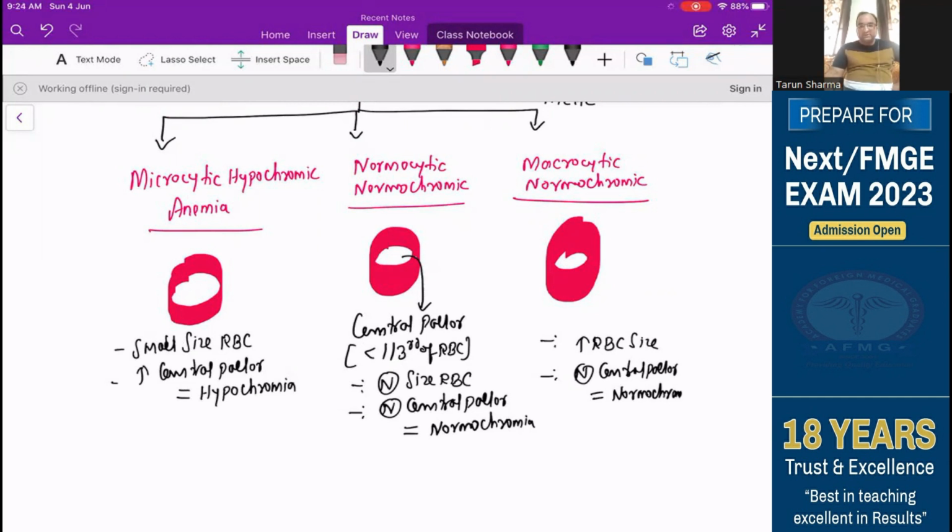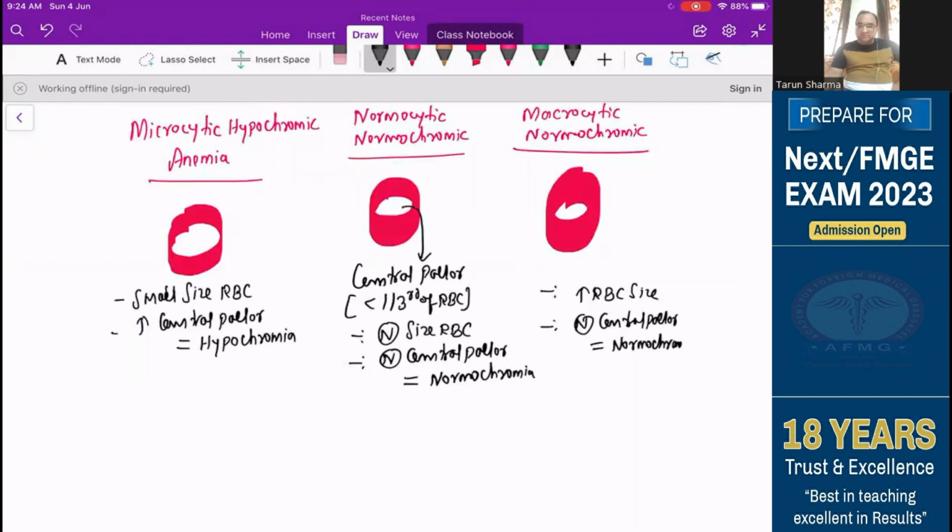Most of the RBC will not have any color, so those RBCs appear paler compared to the normal RBC. That is called hypochromia, meaning the color of RBC is reduced.